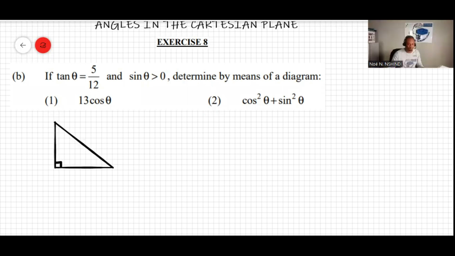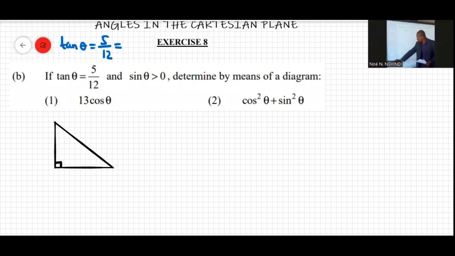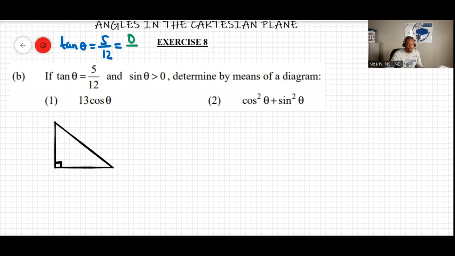When the question says tan theta is 5/12, understand that tan of the angle is equivalent to opposite side over adjacent side, sometimes called y over x.